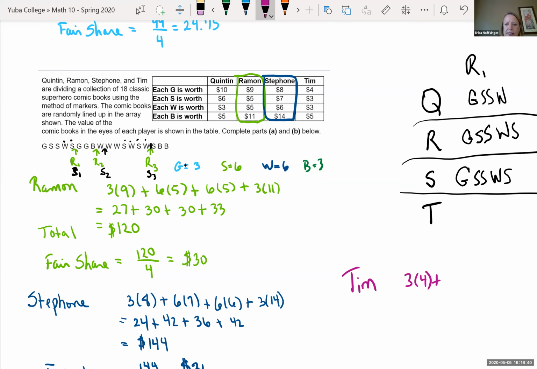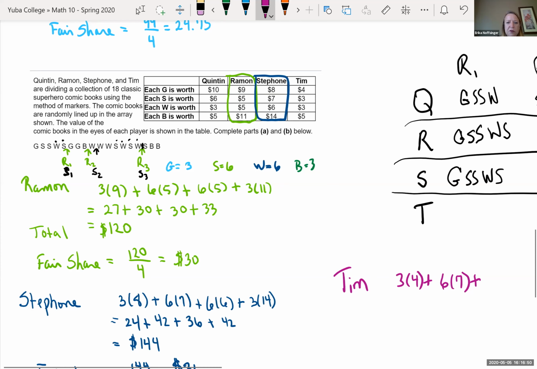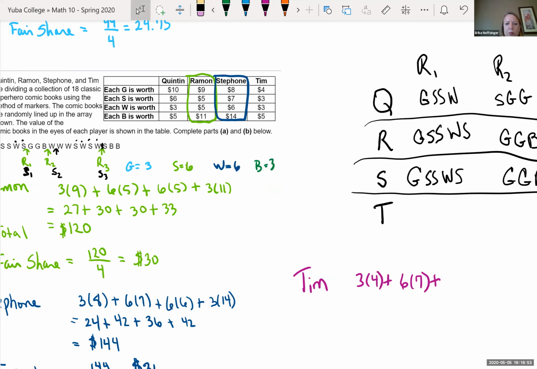There are 6 S's, and he believes those are worth about $7. Plus, there are 6 W's, and he believes those are worth, oops, sorry, I was reading the wrong player. So over here, S was worth only $3, not $7. W, which there's 6 of them, he also believes those are $3. And B, there's 3 of them, and he believes those are $5.